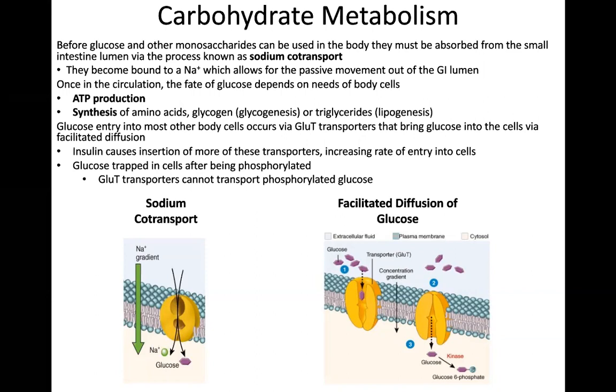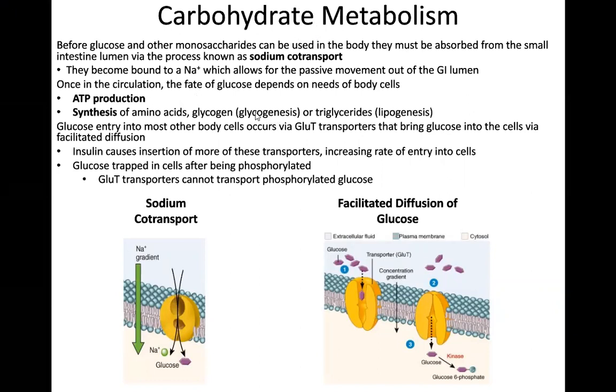Once we bring that glucose and the other monosaccharides into the blood, what we do with it is dependent upon the needs of our body cells. We can bring it into the cells to make ATP. That's cell respiration. That's what we're going to talk a lot about here in just a second. We can also use that glucose and make amino acids. We can make glycogen with it.